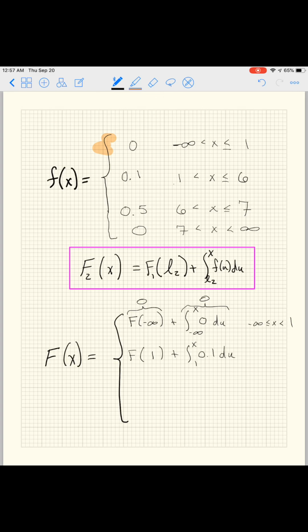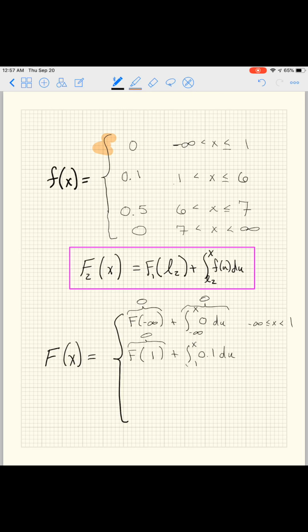That way it's pretty clear that when I talk about F of 1, I'm actually going to take it from the previous row. So when I say F of 1, what I'm really asking for is what happened when you took this entire previous row and set x equal to this upper bound. Well, this entire previous row was just equal to 0, so this portion is just equal to 0.